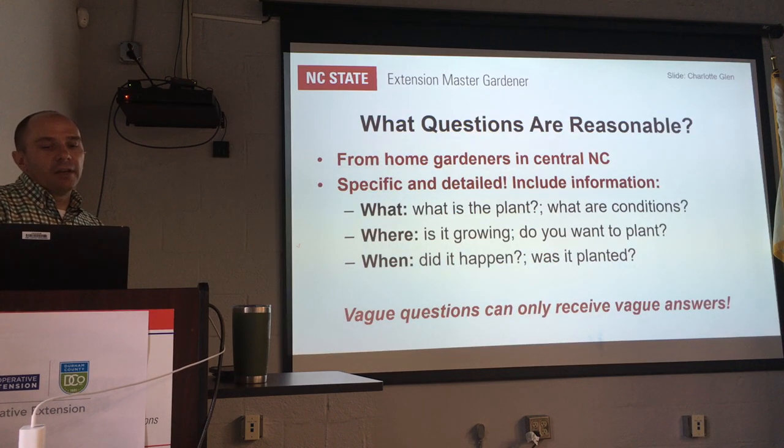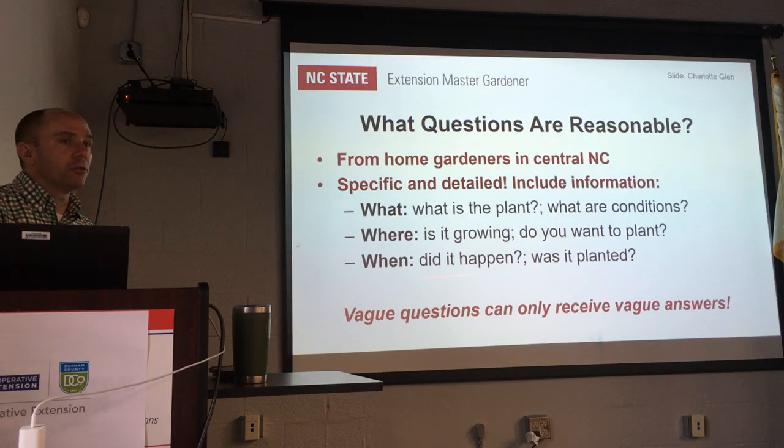And then understand that you are here to answer questions from gardeners. If it's from a farmer who gets onto the plant clinic line in some way, that needs to go to another agent in the county. And then also try to extract as much information as you can from them, because with vague questions and vague information you can only give them vague and unhelpful answers.